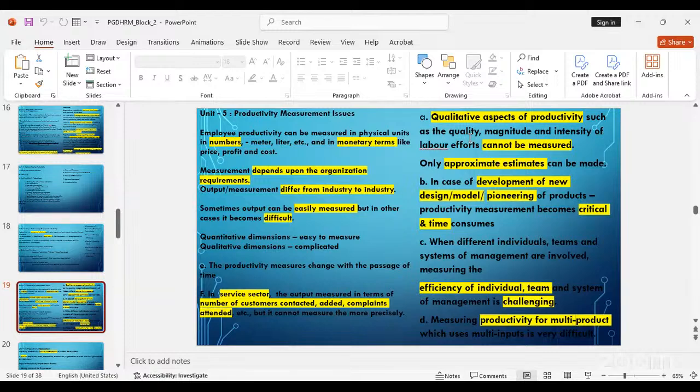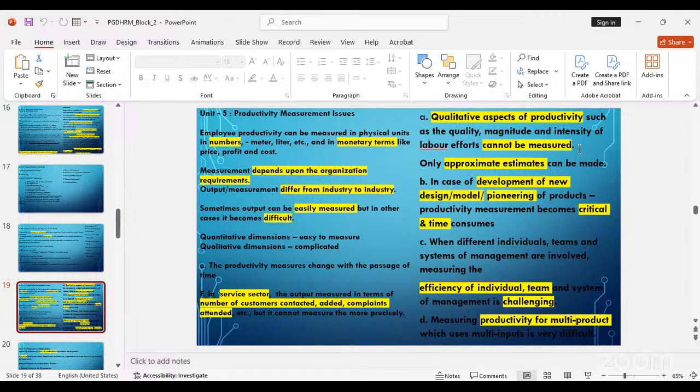Qualitative aspects of the product such as quality, magnitude, and intensity of the labor effort cannot be measured. It is very difficult to measure. Only approximate estimates can be made. In case of development of new designs, models, and pioneering products, productivity measurement is a big challenge.